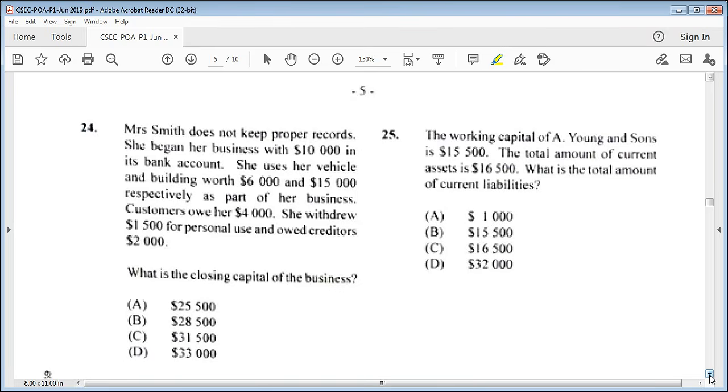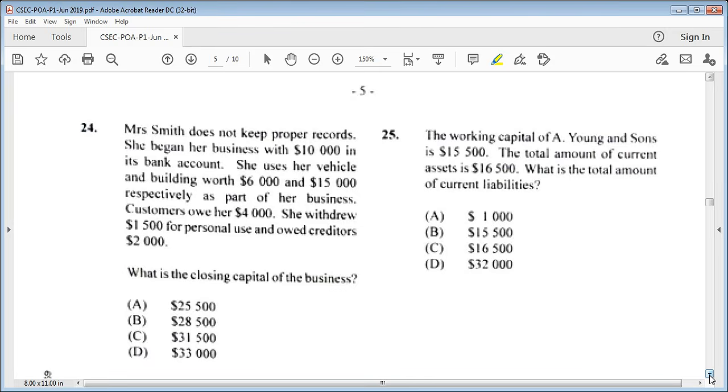So now, our fixed assets: vehicle, it is $6,000. Building, as we see here, worth $15,000. So our total fixed assets, when we add 15,000 and 6,000, we get 21,000. Now the current assets, it says here that customers owe her, so they are debtors to Mrs. Smith. So our current assets would be $4,000 debtors.